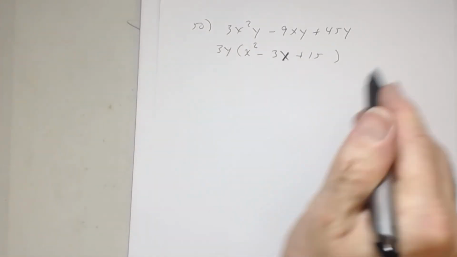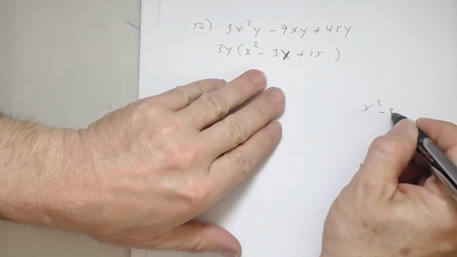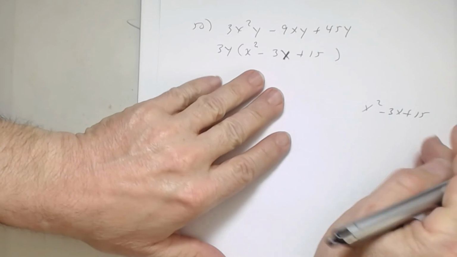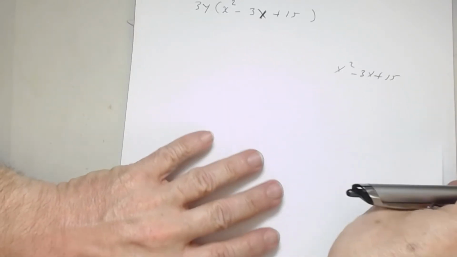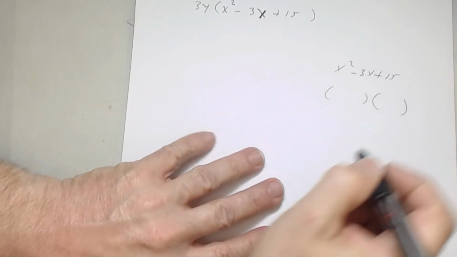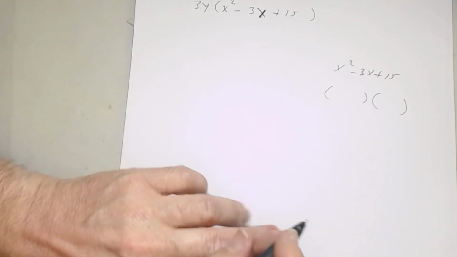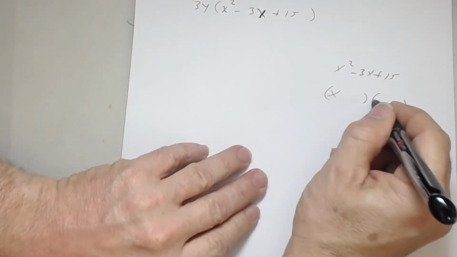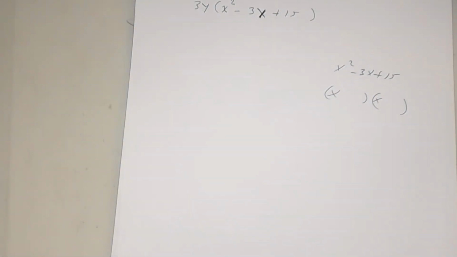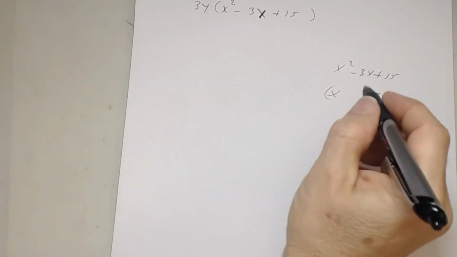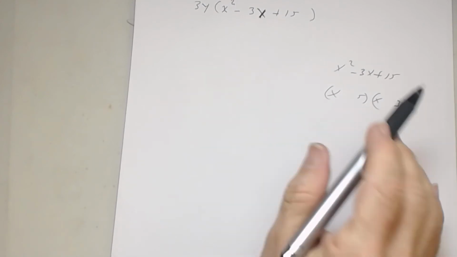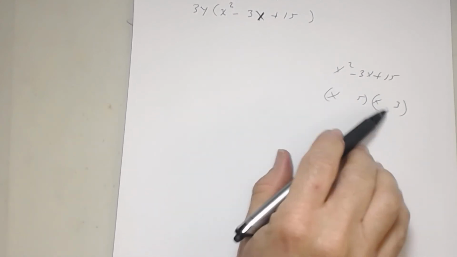Okay, now let's see if I can factor x squared minus 3x plus 15. Okay, two binomials. x and x, right? For 15, there are two possibilities, 5 and 3, 15 and 1. What do you want to try first? 5 and 3. Last sign's positive, means these signs both have to be the same, and they both have to be what?